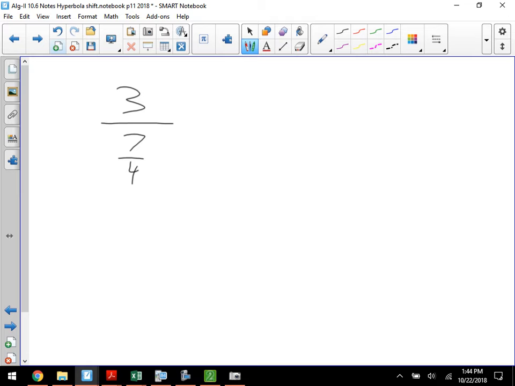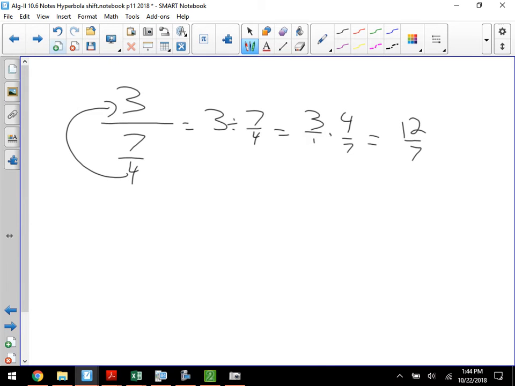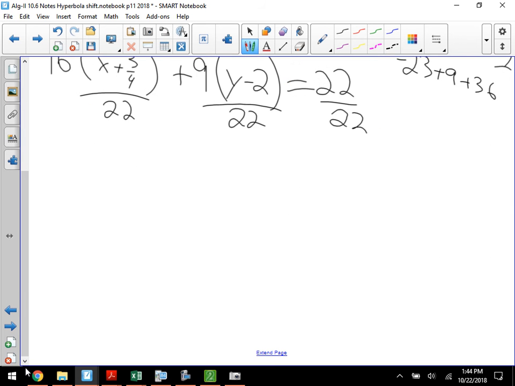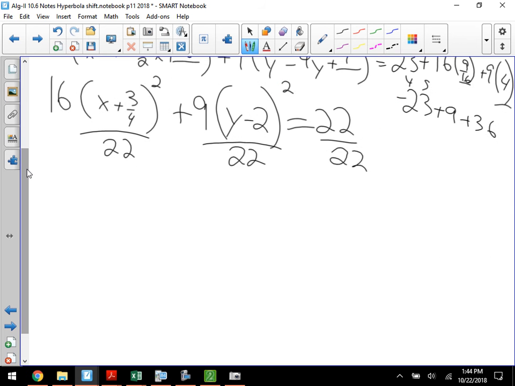Remember? This says 3 divided by 7/4, which is 3 over 1 times 4 over 7. So you get 12/7. Basically, take this value, put it up here. Okay? So when you get to something like this, bear with me for a second.